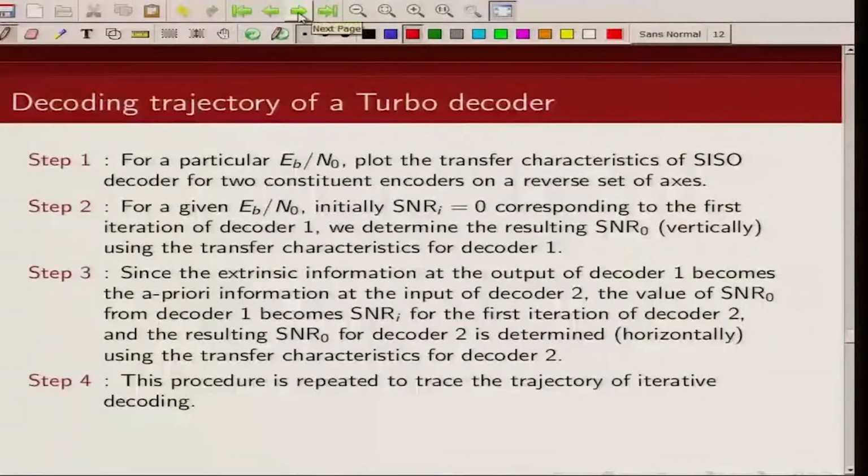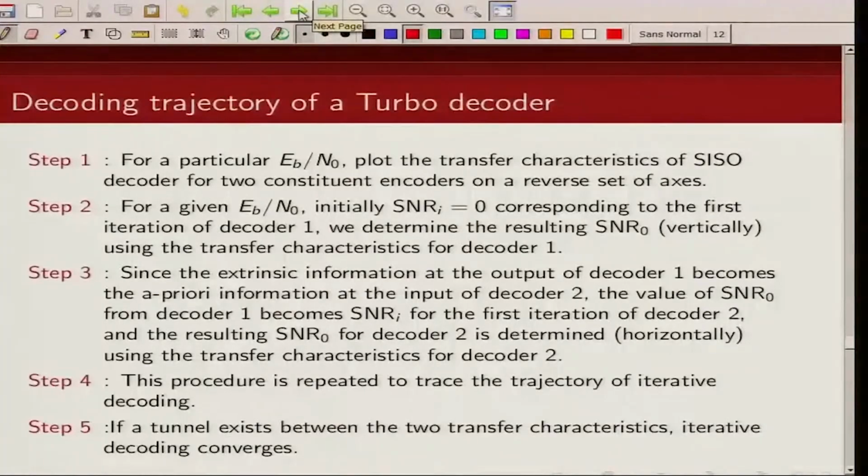Now, we look at the transfer characteristics of decoder 2, go horizontally, and find the point corresponding to that a priori SNR. What is the output SNR? And this process we repeat to draw the decoding trajectory of the turbo decoder.